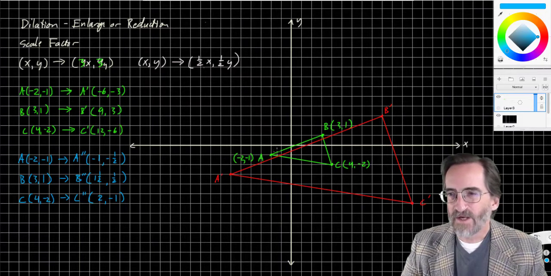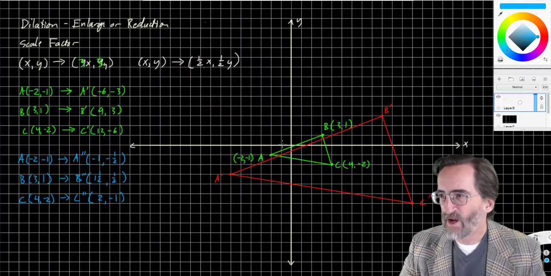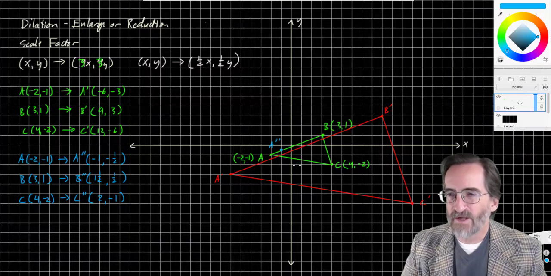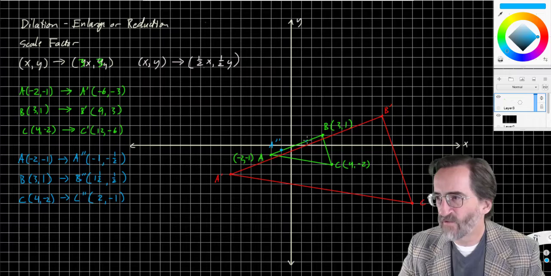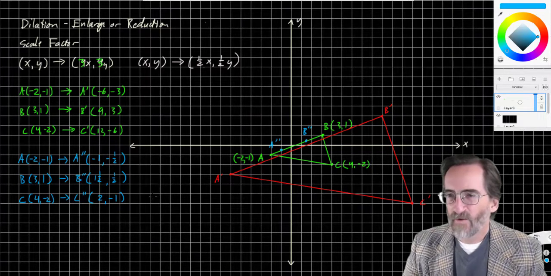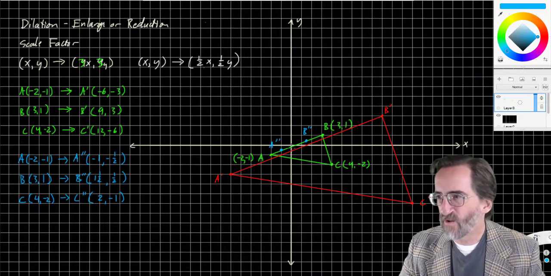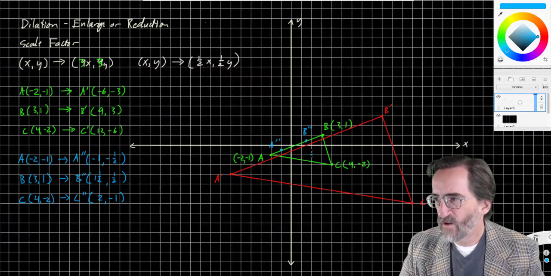A double prime is -1, -1/2. There's A double prime. B double prime, 1.5, 1/2. And C double prime, 2, -1.